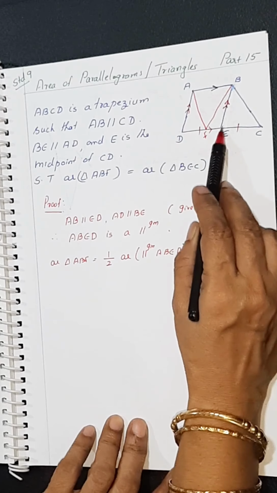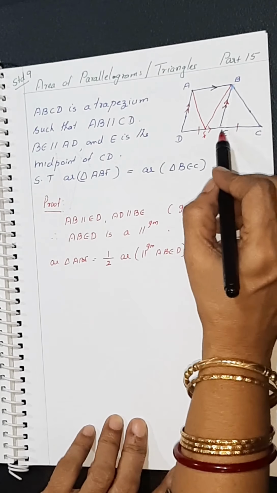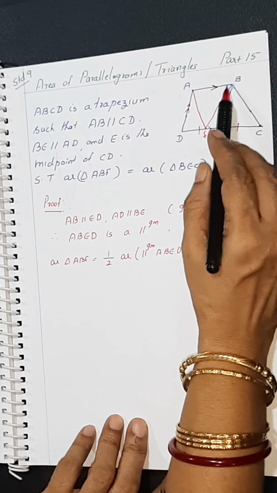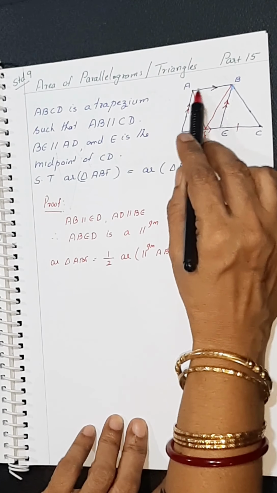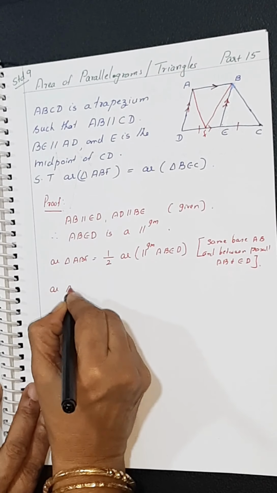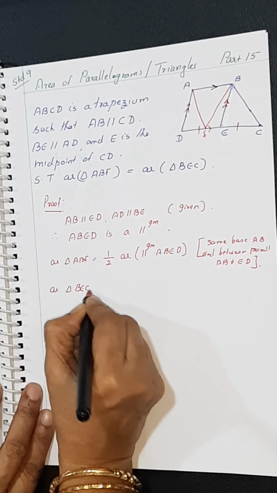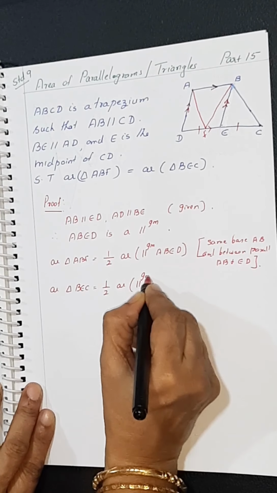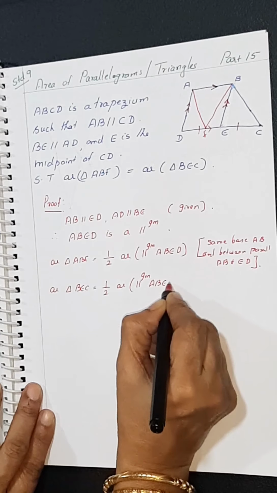So DE is equal to EC. We can say area of triangle BEC is equal to half of area of parallelogram ABED.